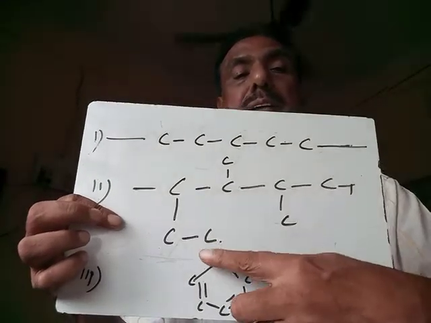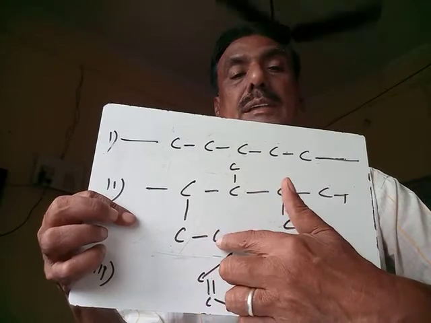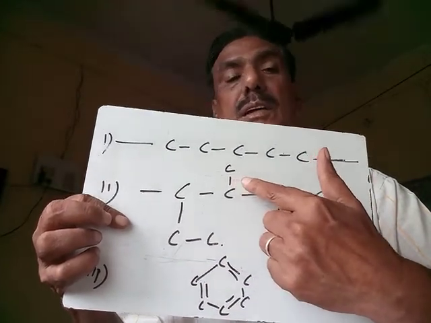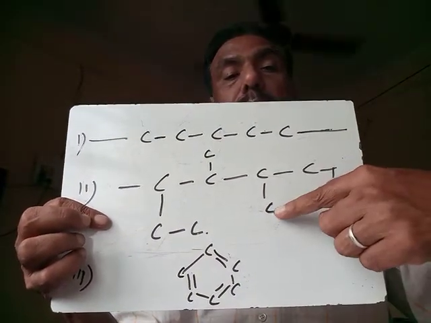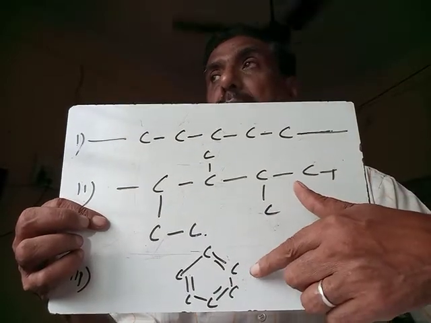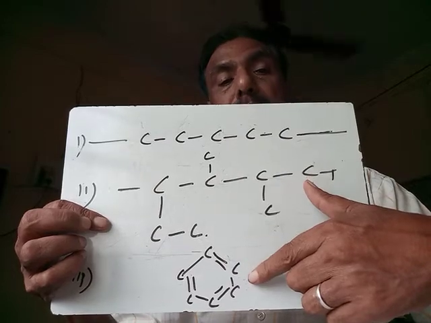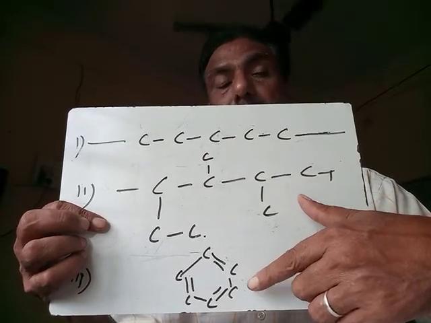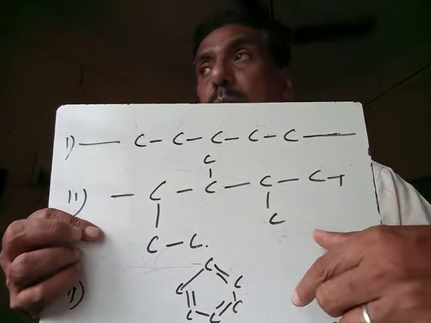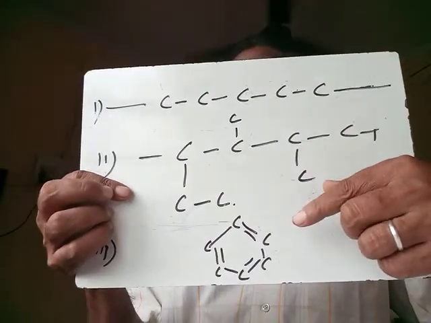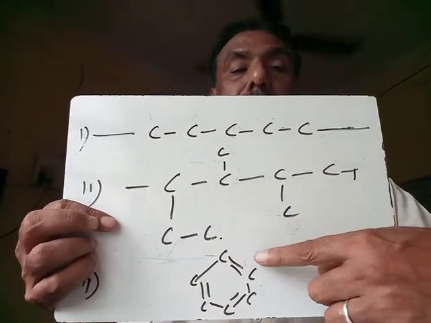Look at the branches here, these are the branches of this hydrocarbon. And this is the ring structure: carbon atoms can also combine together in a ring structure, like this.